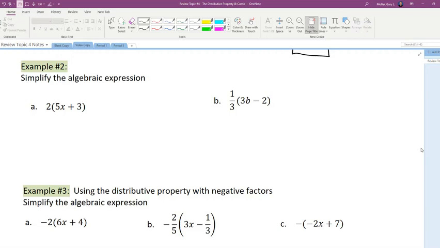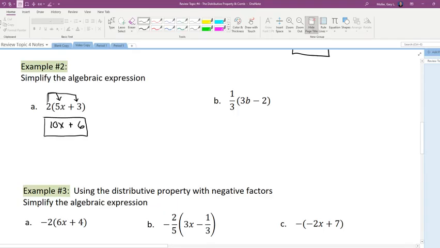So if we want to simplify this beyond what's written here on the page, our only option is the distributive property. Okay, and so we're multiplying 2 times 5x, and that's 10x, plus, and then we're doing 2 times 3, which is 6. Now, just like I can't add 5x plus 3 together, I also can't add 10x plus 6 together, and so this is as far as this problem can go.